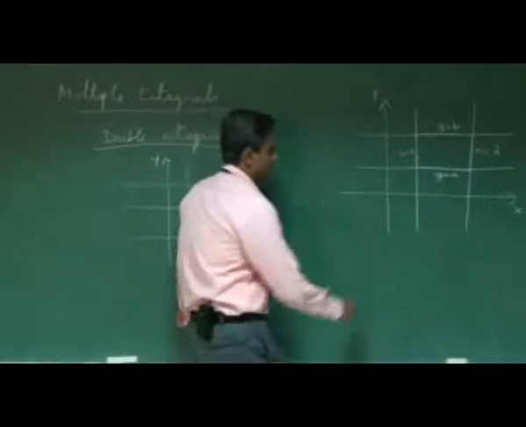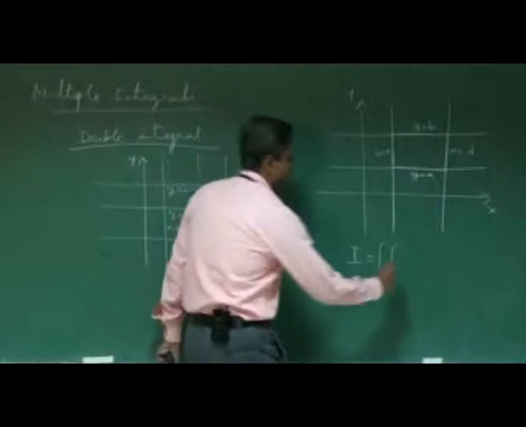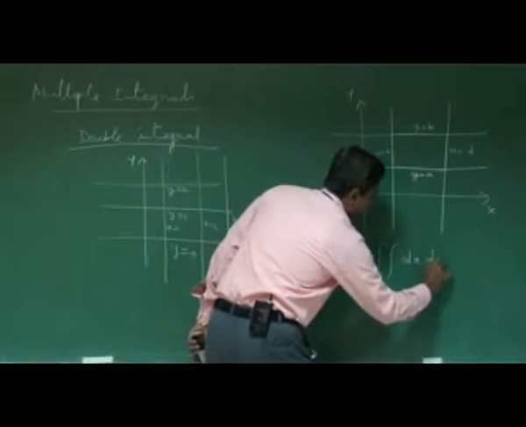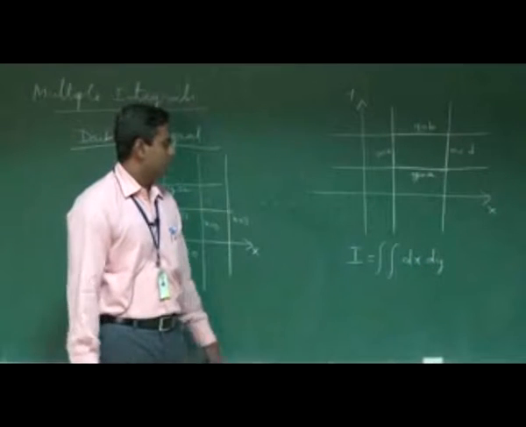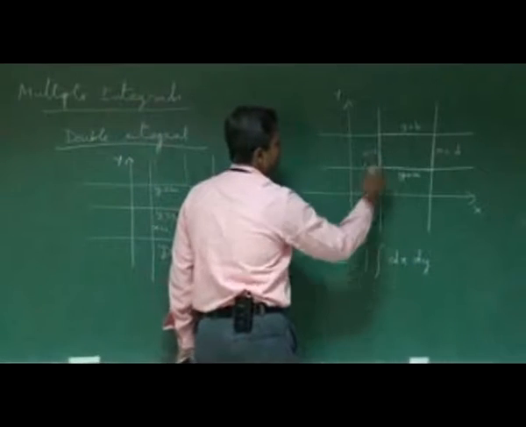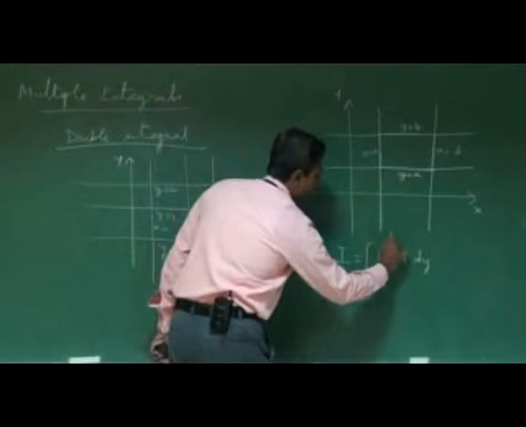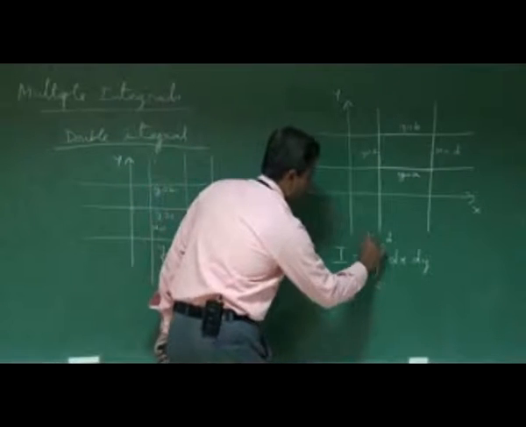And now we form the integration I equal to the double integral of dx into dy, and then here the double integral where x varies from c to d, and y varies from a to b.